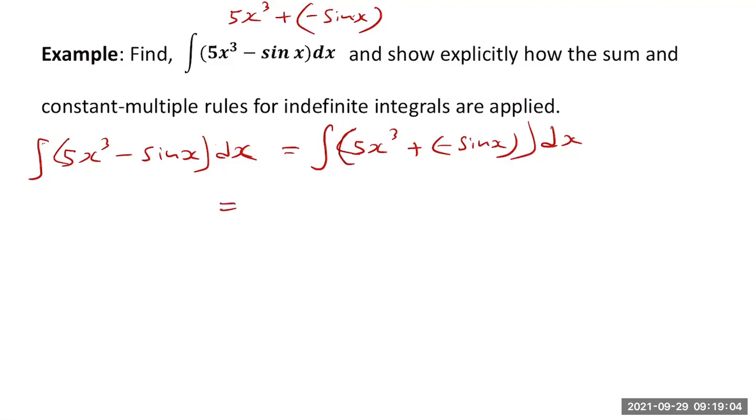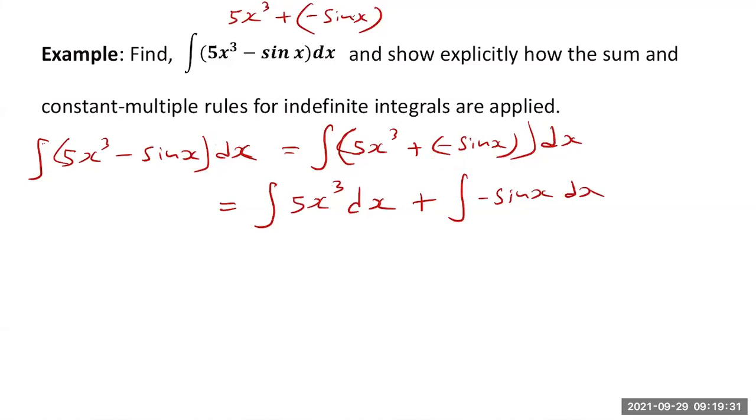I can distribute this indefinite integral symbol inside the parentheses. The sum rule: this indefinite integral is equal to the indefinite integral of the first function, 5x cubed, plus the indefinite integral of the second function, which is minus sine x dx. Notice that my second function is minus sine x.